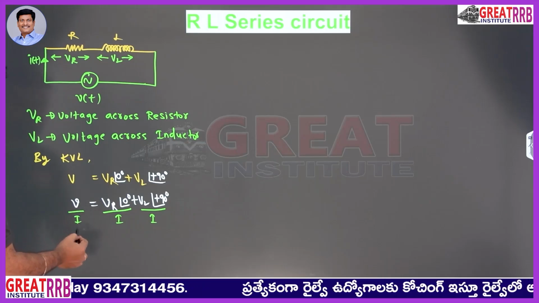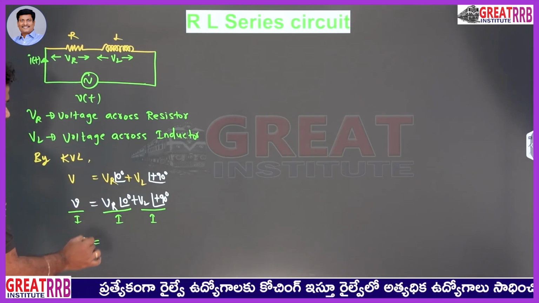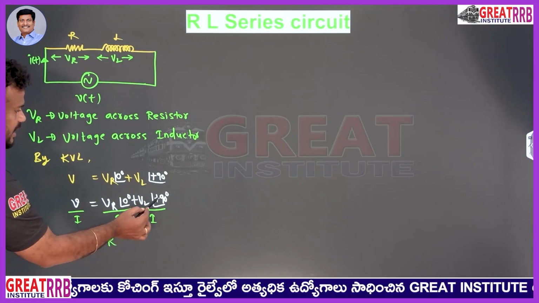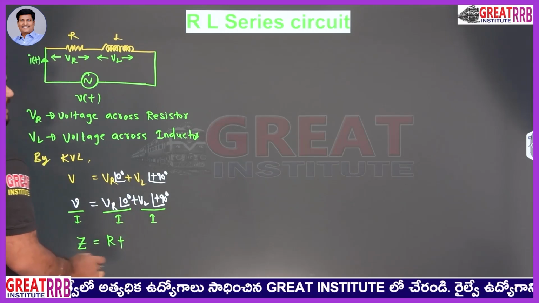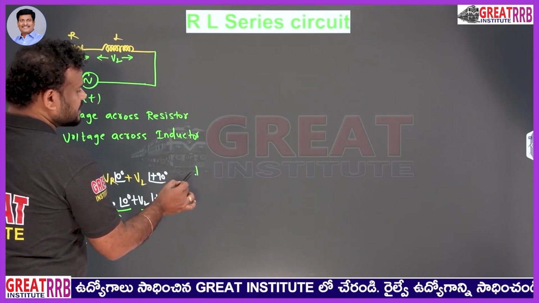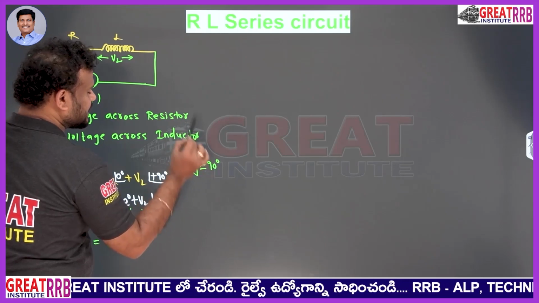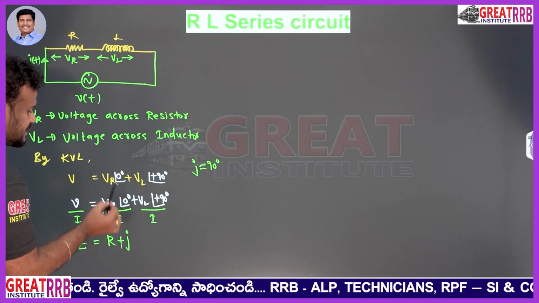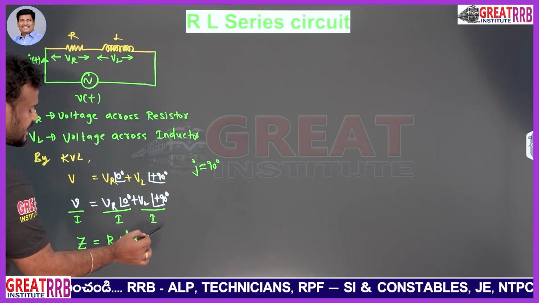So V upon I is represented as Z, which is equal to VR by I, which is R, my dear students. Here the parameter is plus, so I'll put a plus j. Here j represents what angle? 90 degrees. So I'll represent the 90 degrees as j, and VL by I is XL.